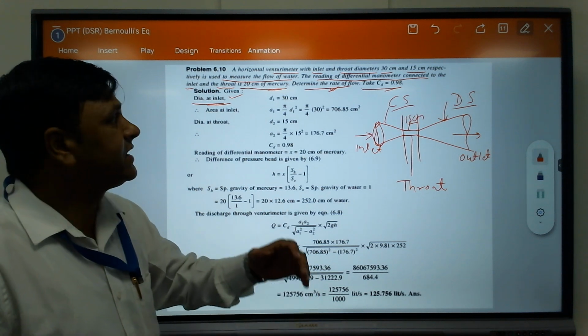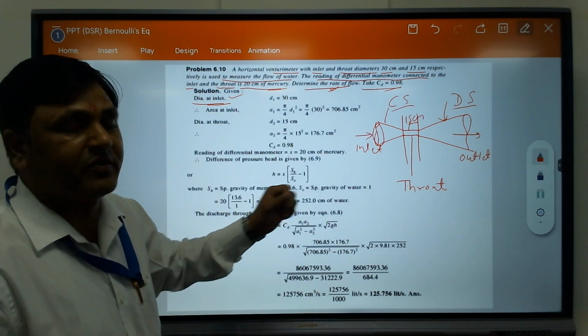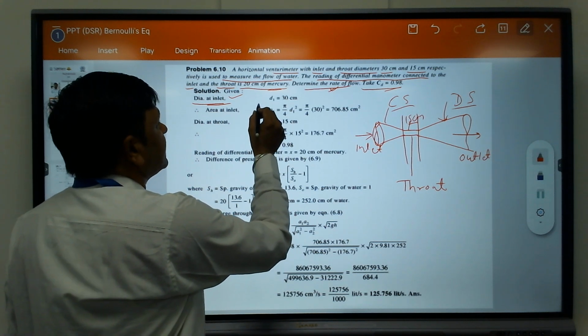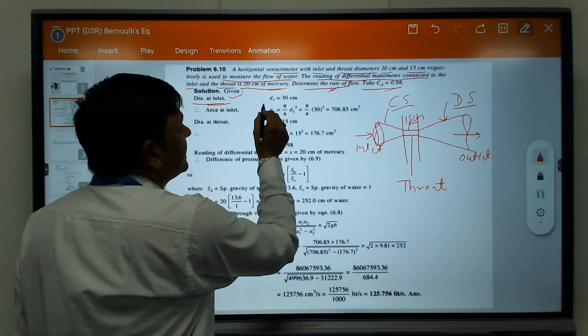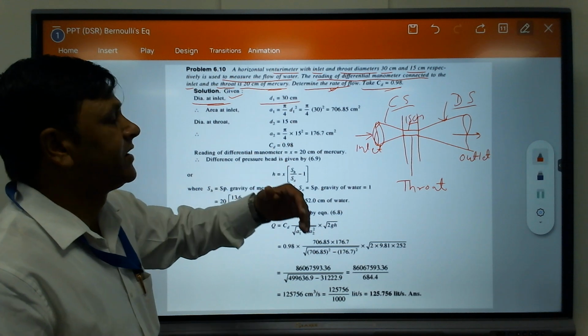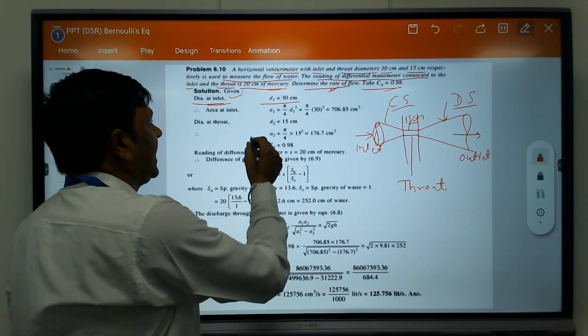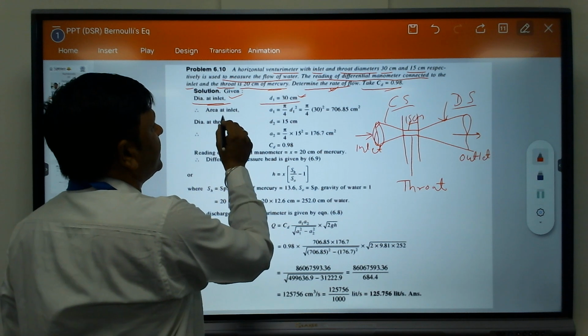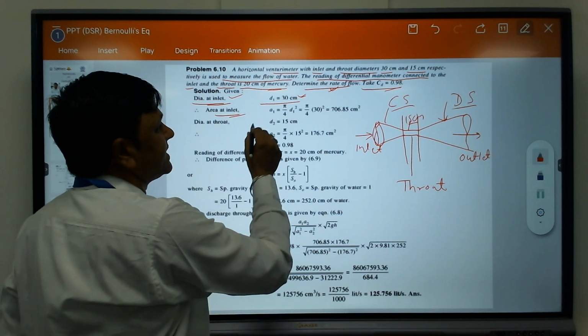How to calculate the flow rate using the Venturi meter expression? Now you can see that the diameter of the inlet is 30 centimeter. We have to convert it into meter, and using this diameter we have to calculate the area at the inlet section.